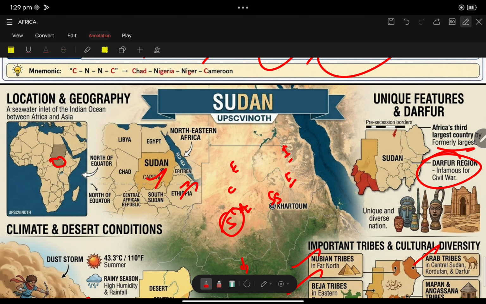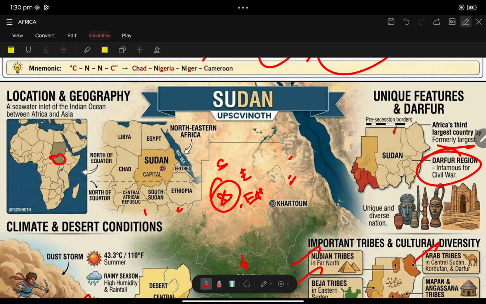I will write here clearly. South Sudan is bordered by Sudan, Ethiopia, Kenya, Uganda, the Democratic Republic of Congo, and the Central African Republic.